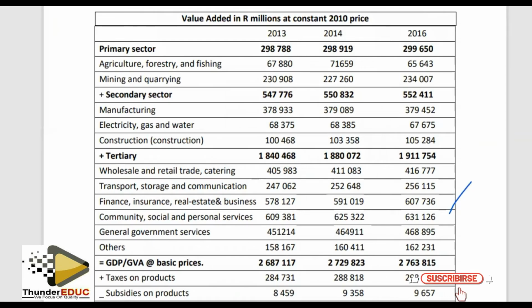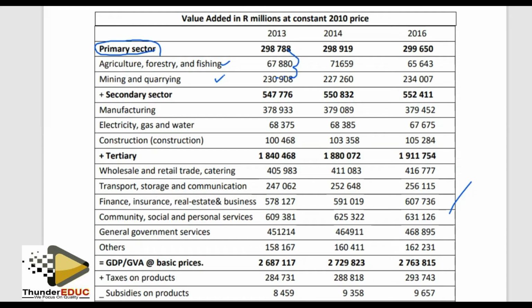We are given the three sectors in which we operate, starting from the primary sector. If you add the two, they give us this figure for 2013. When you add this, it gives us this, and you carry on with the other one.